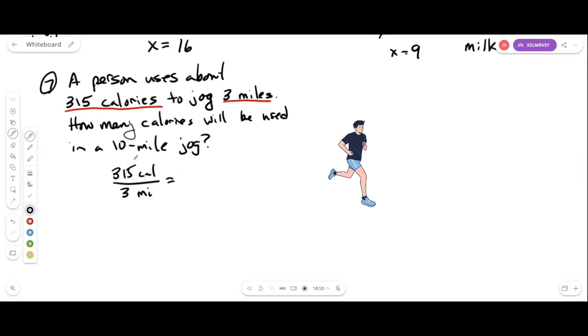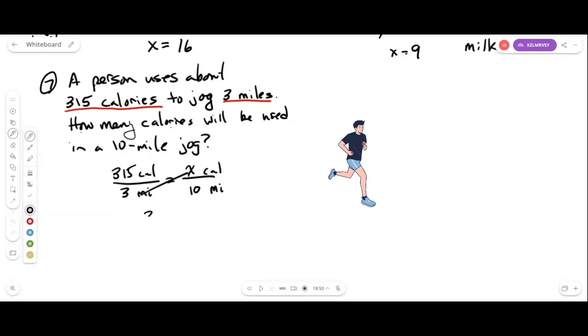You need to write down your given ratio with the units. You then set it equal to your second ratio with the units, calories per mile, and then plug in the values. It's asking how many calories, so our X goes here, will be used for a 10-mile jog.